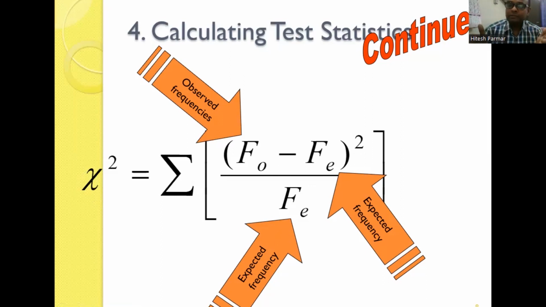If the difference between observed and expected is small, it will turn out to be no significant difference, and if the difference is large, it will turn out as a significant difference. That is what we are studying: the difference between observed and expected frequencies.